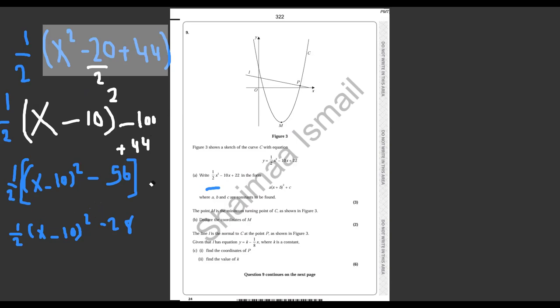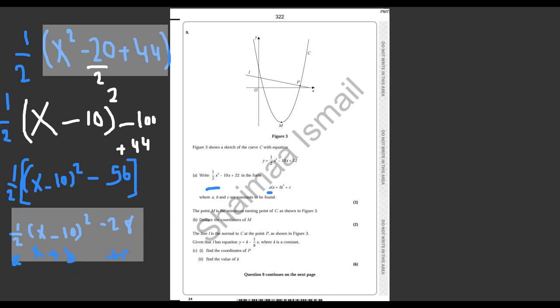Okay, and we get it in the form half x minus 10 squared minus 28. So we get it in the form of a, b, and c. We need to find the values of a, b, and c, written in the form a(x plus b) squared plus c.